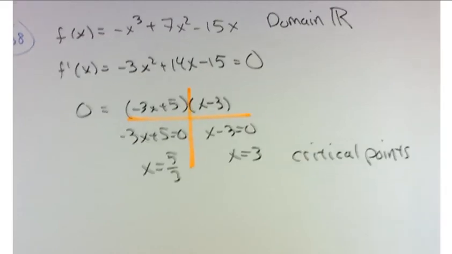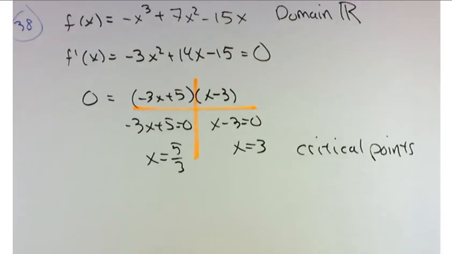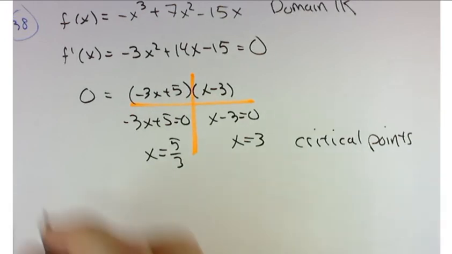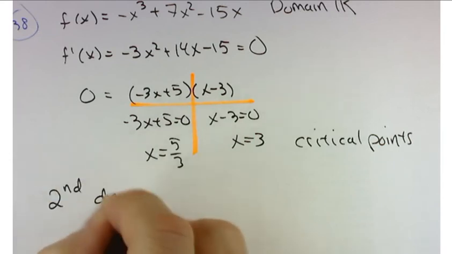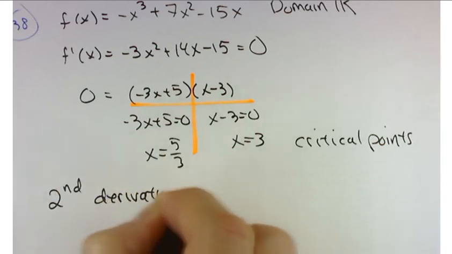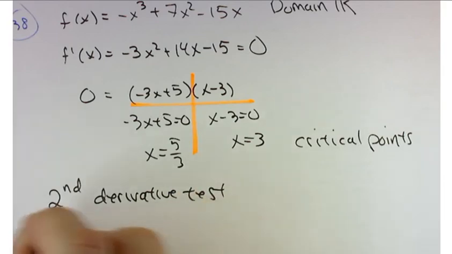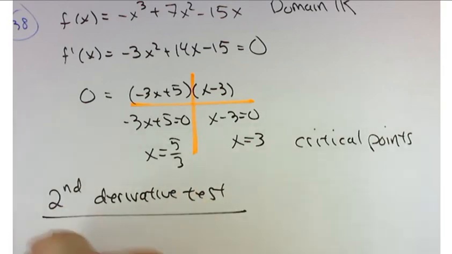To decide, we'll apply the second derivative test. So let's calculate the second derivative first. Negative 6x plus 14. And let's find the value of the second derivative at both of these.